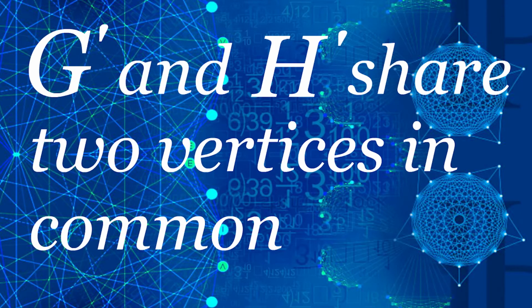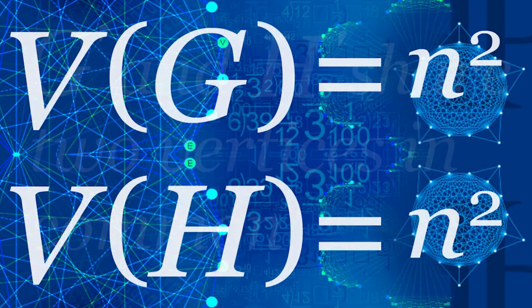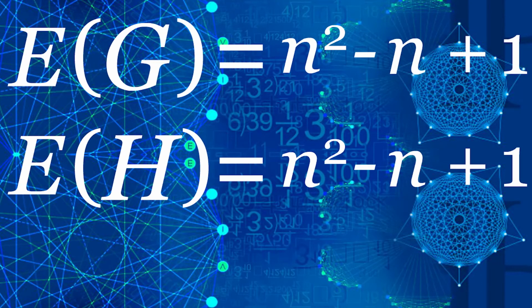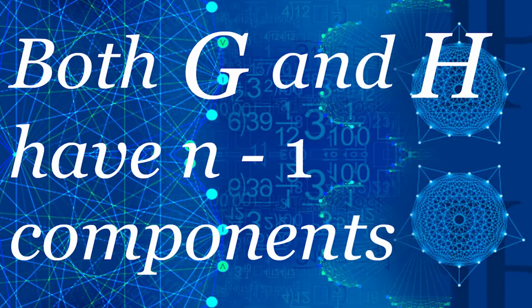We assume that both G and H have n square vertices, and the number of edges is equal to n square minus n plus 1. Hence, as was proved previously, both G and H have exactly n minus 1 connected components.